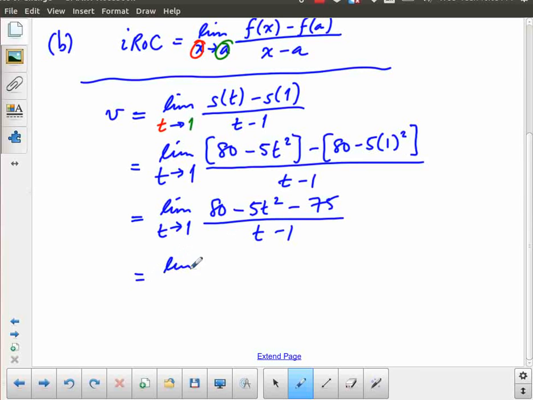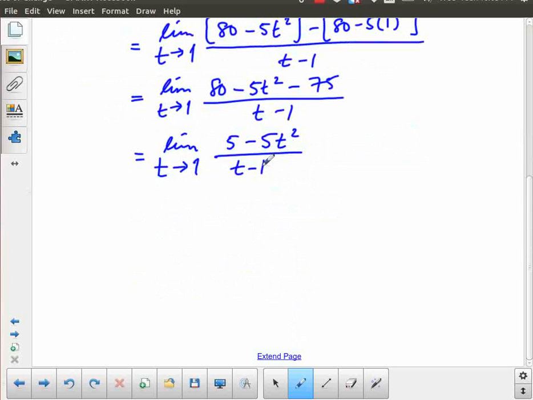So that's going to simplify in the numerator. The limit as t approaches 1, 80 minus 75 is simply equal to 5 minus 5t squared over t minus 1. I can't evaluate this limit as it stands.